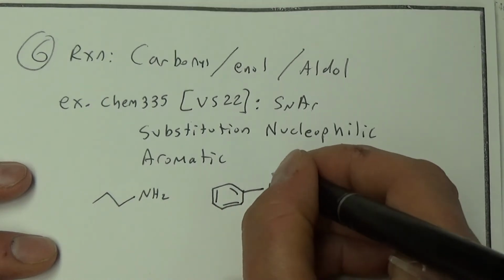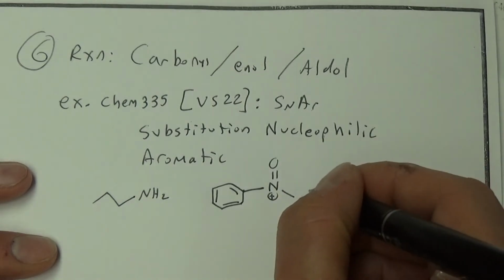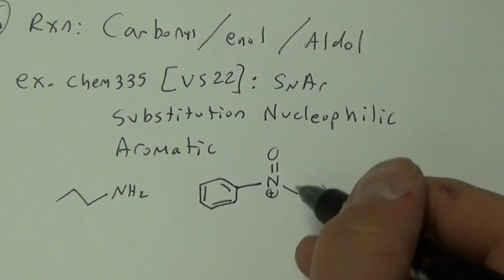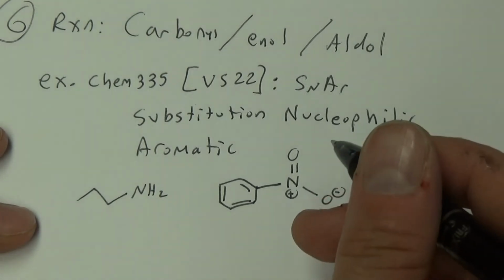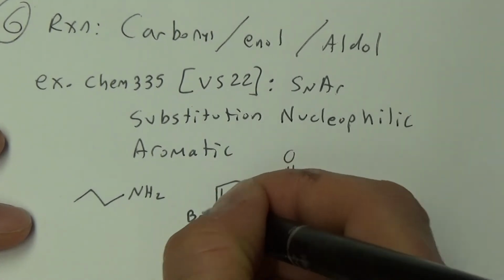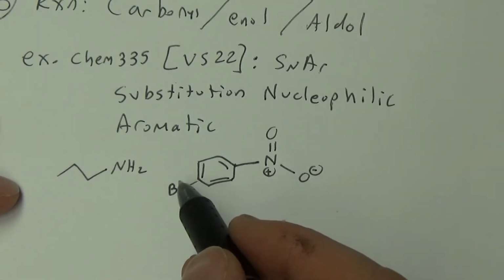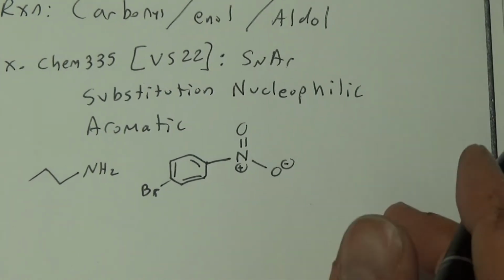Well, you need something like a nitro, which is an electron withdrawing group. It's sucking electrons away from the benzene, right? And then we're going to have a leaving group, bromine, like this. Those two things are going to react, and the nitrogen is going to get connected. This is kind of like our little molecule with the Prozac synthesis.